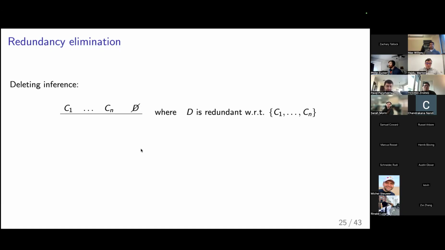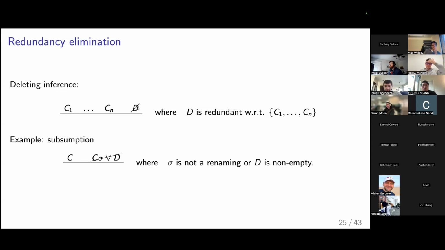Okay, and the other kind of redundancy elimination is through a so-called deleting inference. It's very similar to a simplifying inference, except we don't have a conclusion for this inference. This is just to organize our redundancy elimination into inferences. So we take some premises that make some other clause redundant, and then we can remove this clause. For example, subsumption is such a deleting inference.